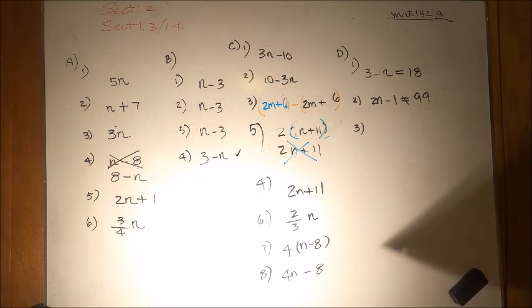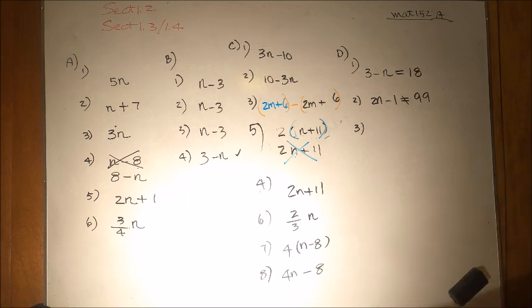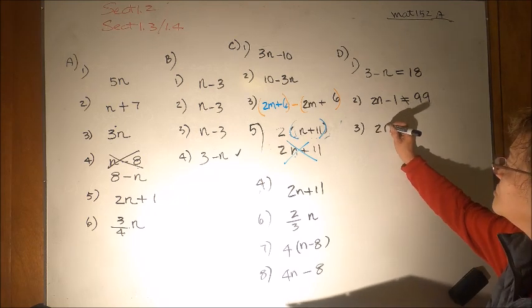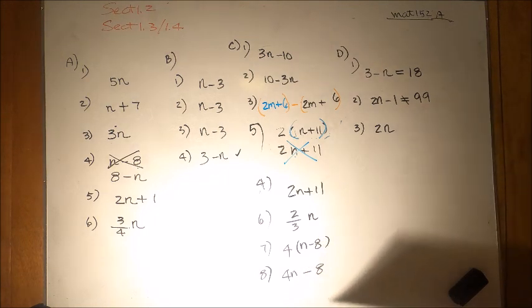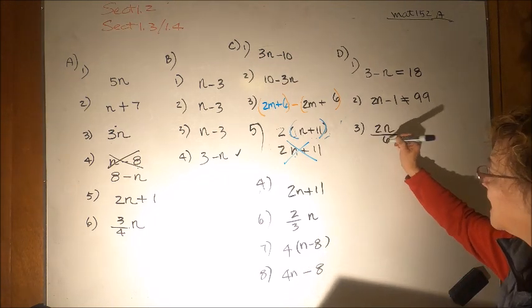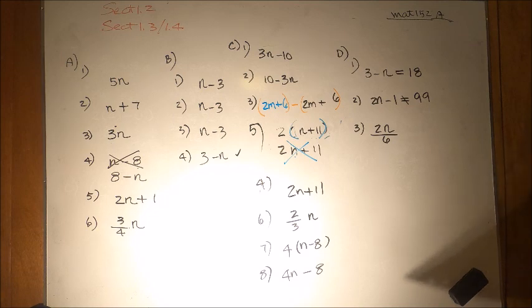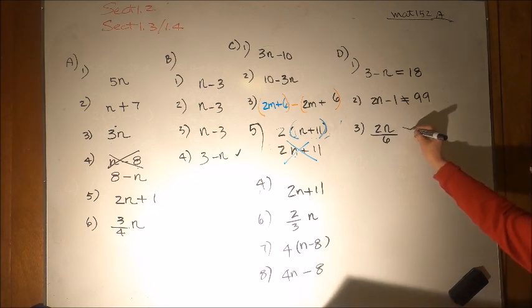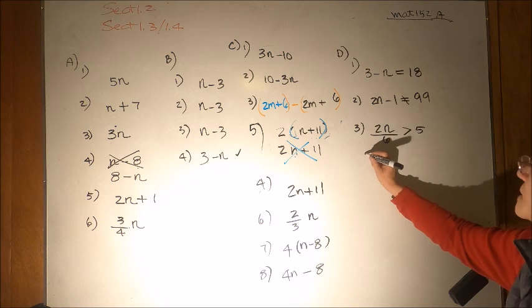The quotient of triple a number and 6 is greater than 5. Quotient means what? Divide, right? So you are dividing what? Triple a number and 6. What is triple a number? You multiply by 3, and 6, you do the quotient, dividing each other. Is greater than 5. Greater than 5. That's your symbol. Greater than.